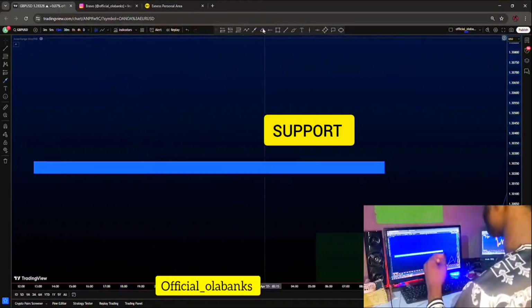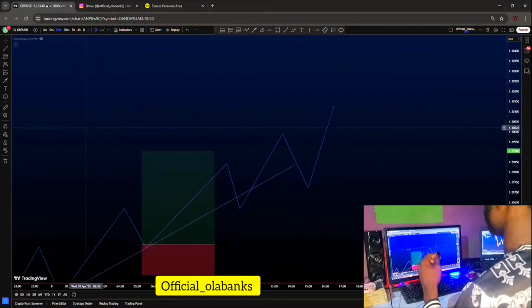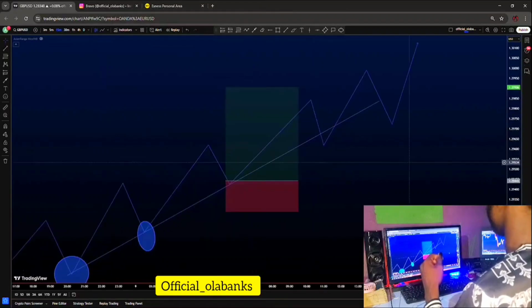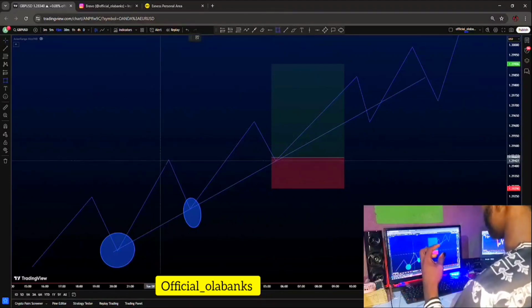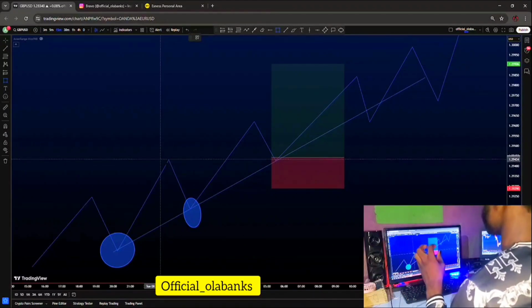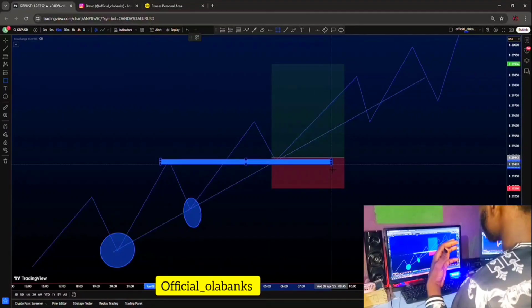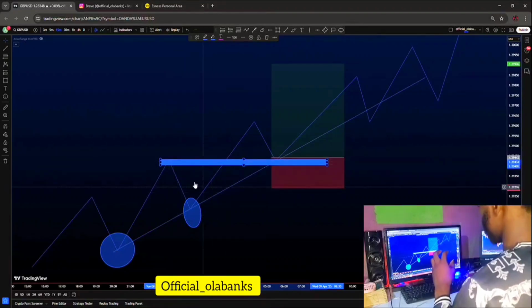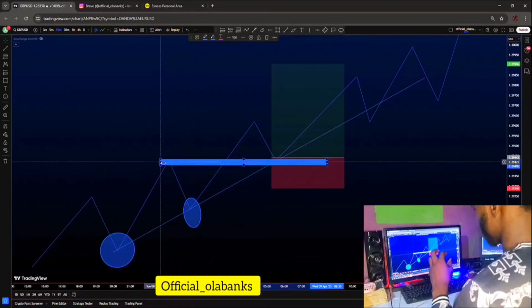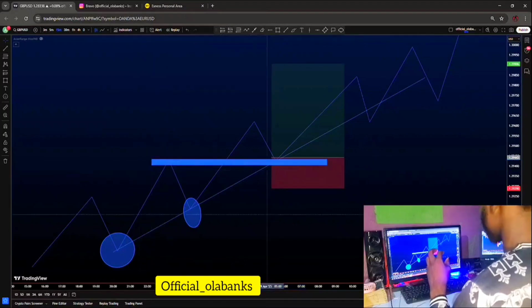Now how do you use your support together with your trend line? Let's say you draw this trend line. It is just for more confluence. I promise you, you don't want to use just trend line alone to look for confluences. So you can take the recent high of where the price got to before it corrected, and that's where you draw your zone or level from.